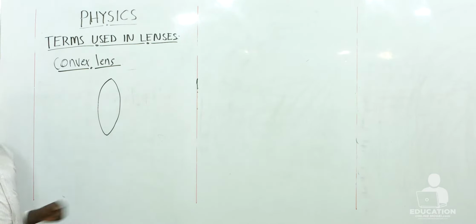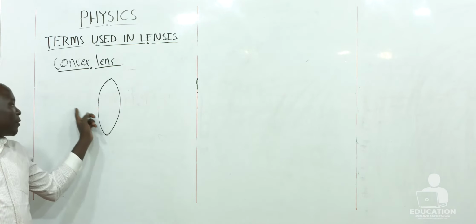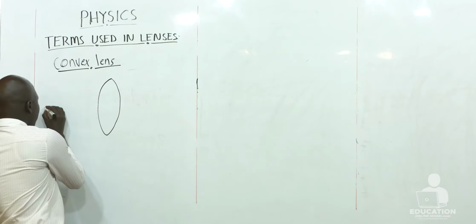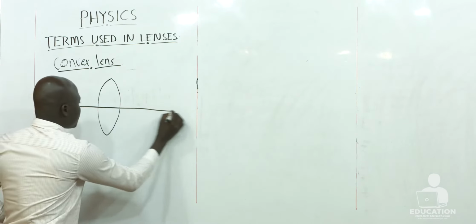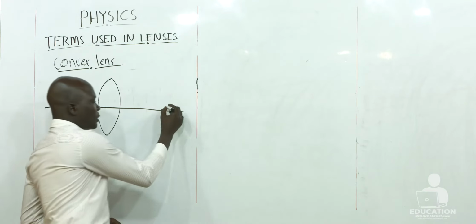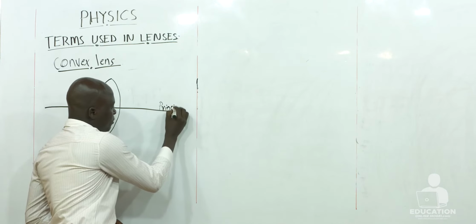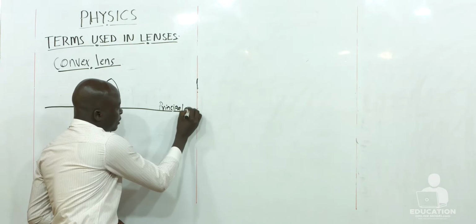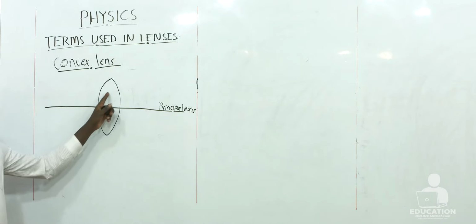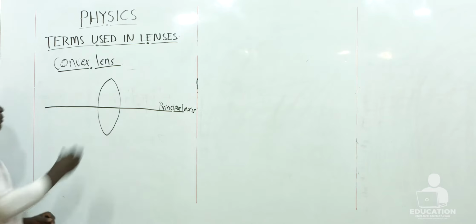Then in a convex lens, we shall have a line passing through the lens, and this line we call the principal axis. Now, rays of light will always be falling on this lens.